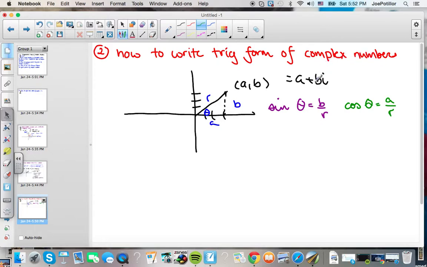And from here, I want to solve for a and solve for b. So I know that a is equal to r cosine of theta, and of course b is equal to r sine of theta.